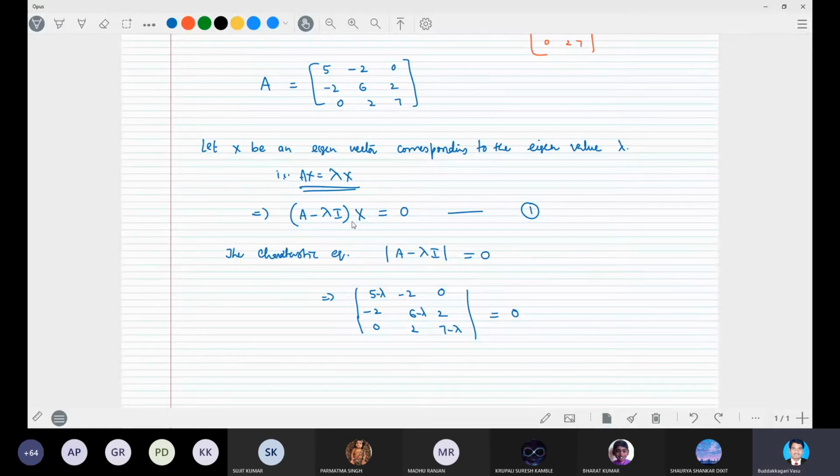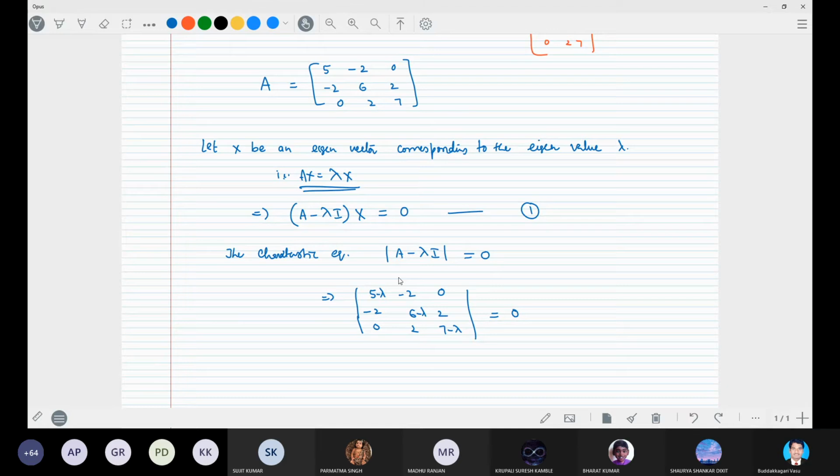A minus lambda I. A is this much, minus lambda into I, which is 1 0 0, 0 1 0, 0 0 1. A minus lambda I gives you this much.